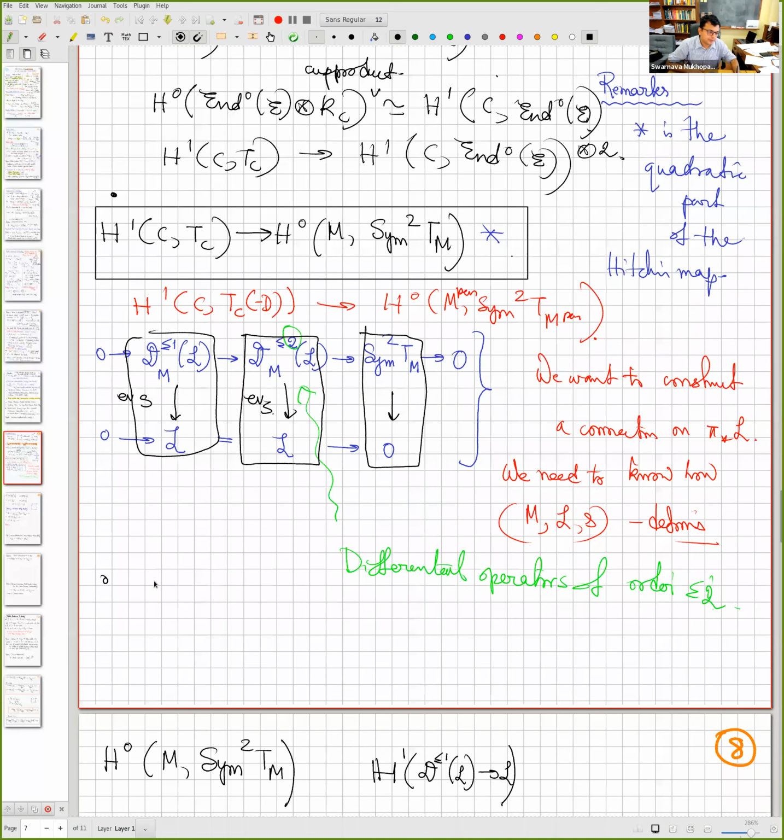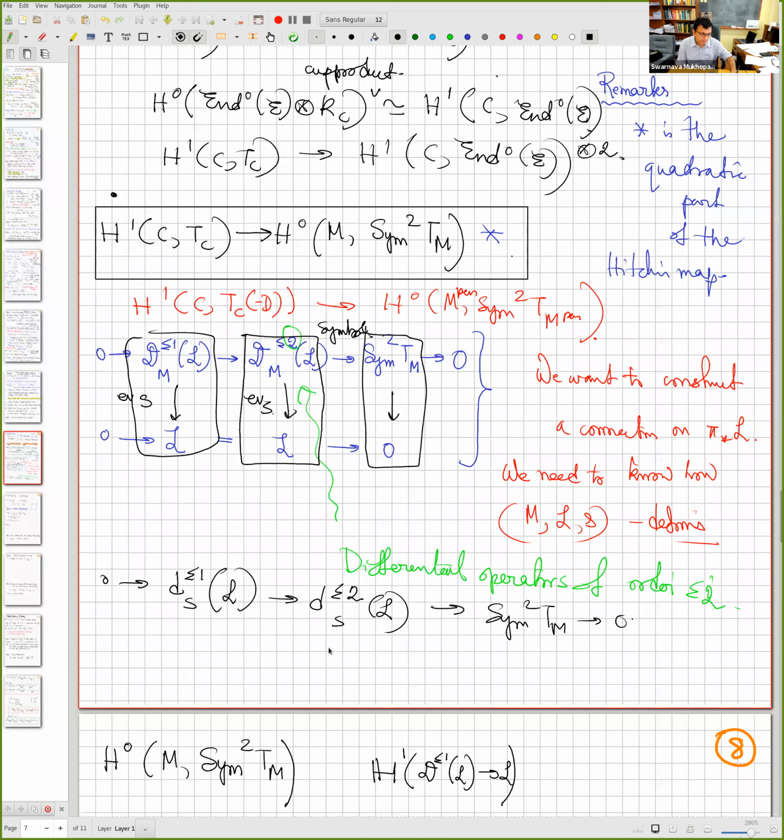Let me denote these complexes by D less than or equal to 1 of L, S, and D less than or equal to 2 of L, S, and then this maps to the usual symmetric square of the tangent. Okay, so this is the one-term complex, and this is the symbol map of differential operators.